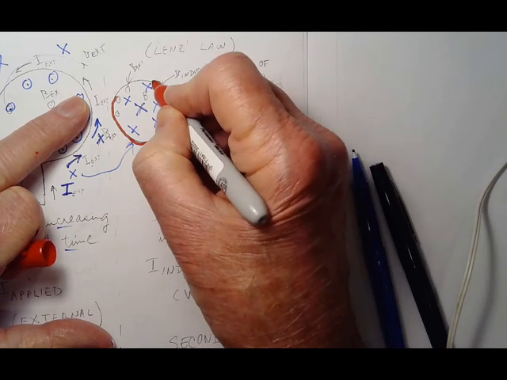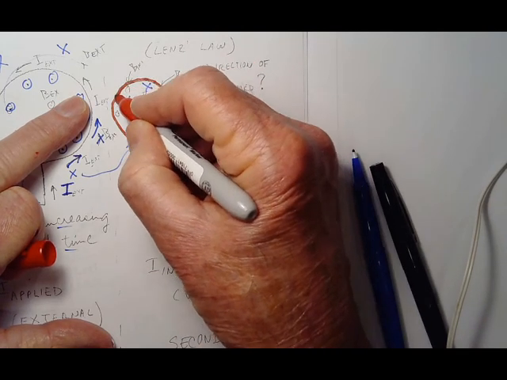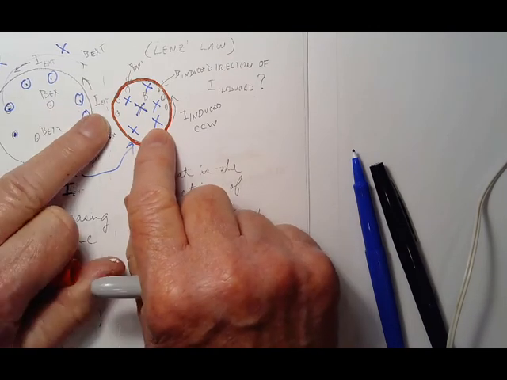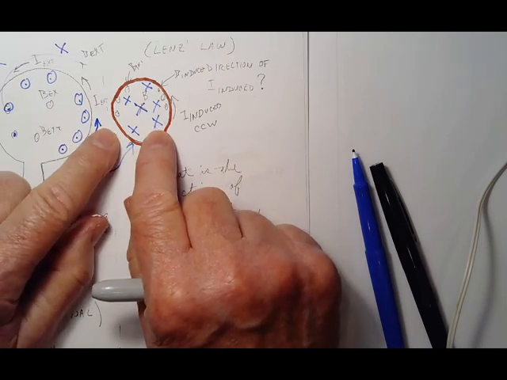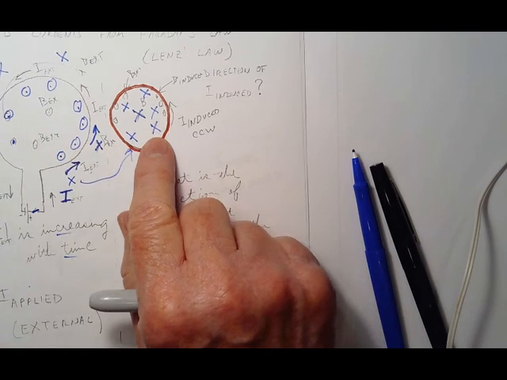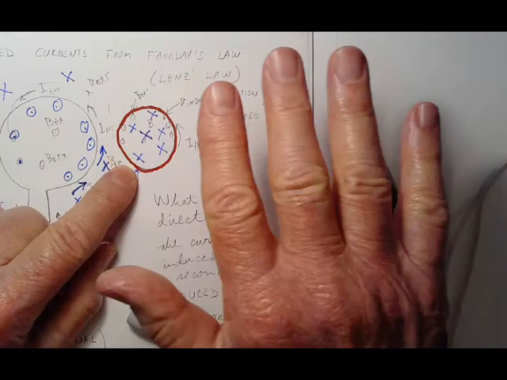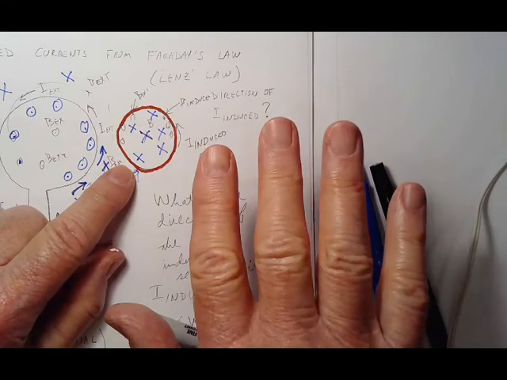And here's what Faraday's law says, as I told you last lecture. Faraday's law says I've got some flux inside here due to an external field. And it's getting bigger and bigger in time. The flux is getting bigger. Faraday's law says, no way. I don't want the flux there to change.